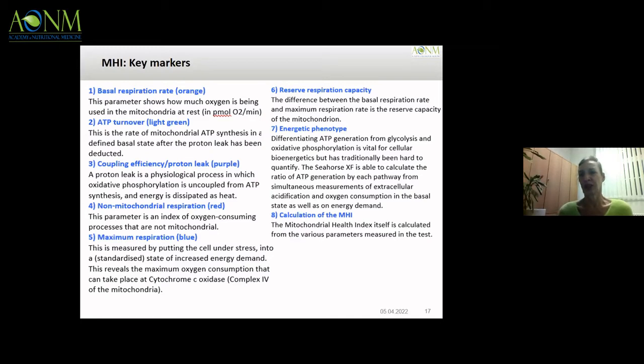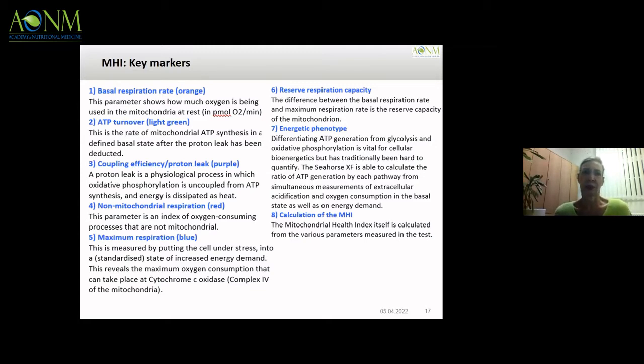What is possible if you have a really high demand? Can the cell respond to that? The difference between basal respiration and maximum respiration is the reserve respiration capacity. In addition, there is also an energetic phenotype, which tells you whether the cell is able to use the mitochondria or whether it is using glycolysis, with lactate formation.